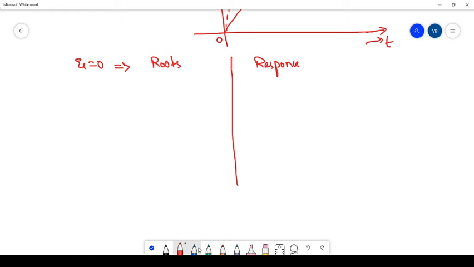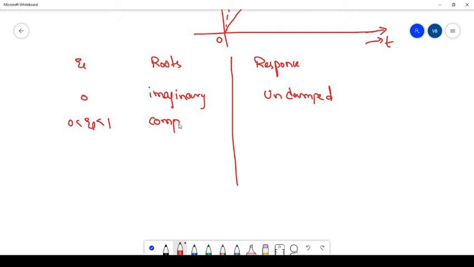Let us take a tabular column. Zeta value equal to 0: the roots are imaginary, and that response is called an undamped system response. Whenever zeta is between 0 and 1, the roots are complex conjugate, and that response is called an underdamped system response.